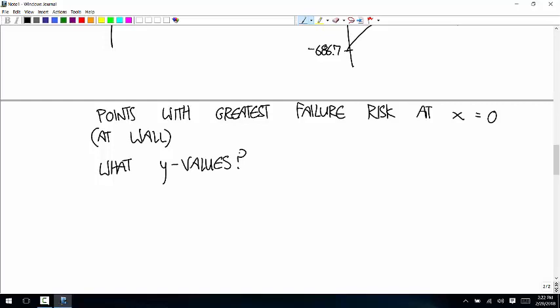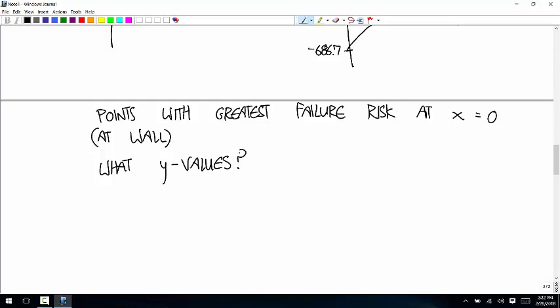So there's a couple ways we could do this. We could look at points as a function of y, do these calculations of the stresses in terms of the parameter y, or we could just take a few points to look at.